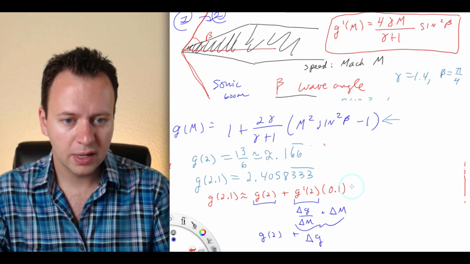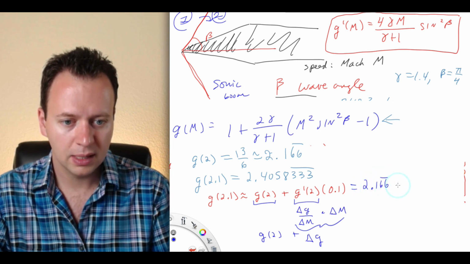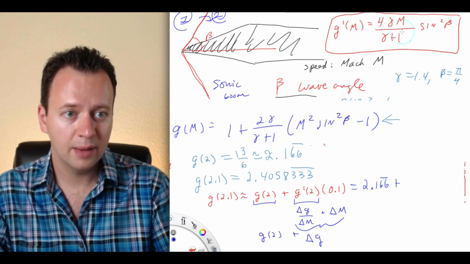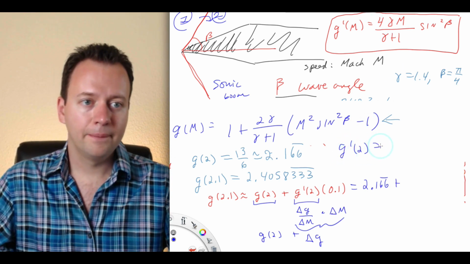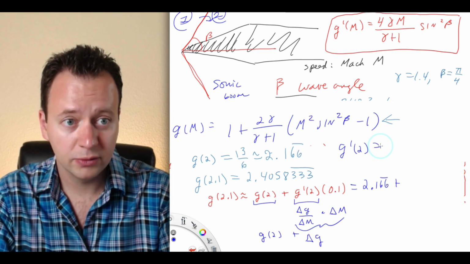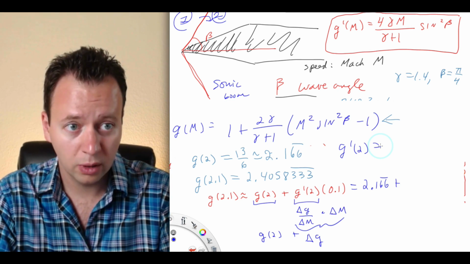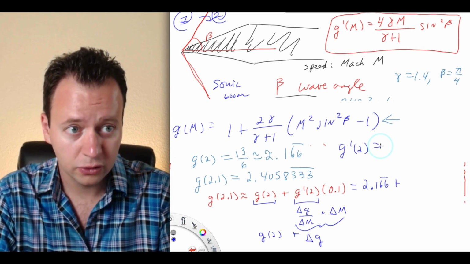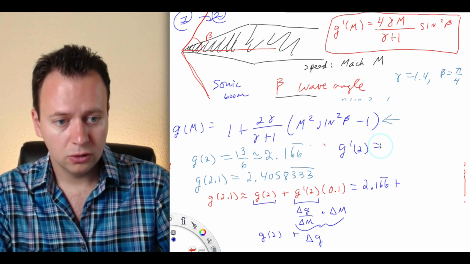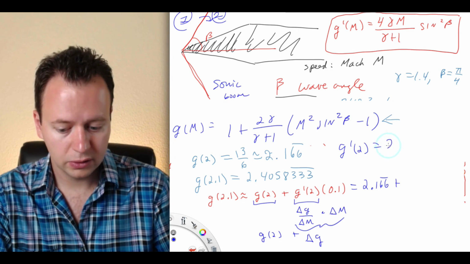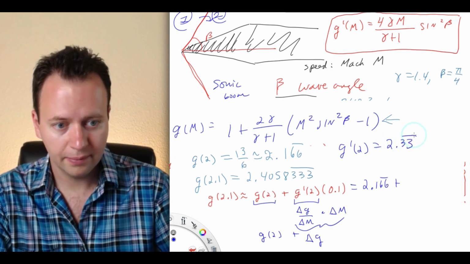So this is going to be the previous result, 2.166 repeating, plus g prime. So I'm going to have to evaluate g prime of 2. So 4 times 2 times 1.4 divided by 2.4 times 1/2. g prime of 2 is 2.33 repeating.